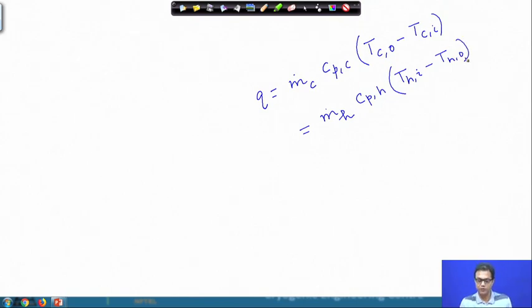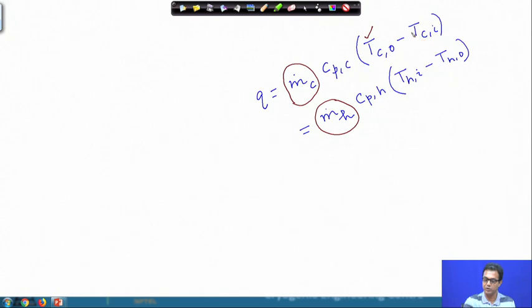So, if we have to find out this heat transfer, let us see what parameters are known to us. We know the mass flow rate of the cold fluid. What is the cold fluid? The water is the cold fluid. We know the mass flow rate of the hot fluid, that is also known. The cold entry temperature is known, it is entering at 30 degree centigrade.